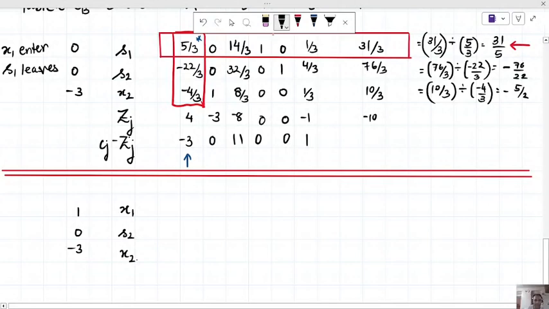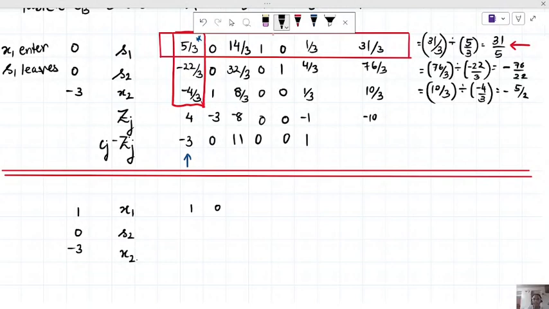So dividing the entire row by key element, it is 1, 0, then it is going to be 14 by 5. Here it is 3 by 5, here it is 0, and here it is 1 by 5. This is the value of RHS, so when you divide there you get that ratio over there. So 31 by 5 is what we get over here.